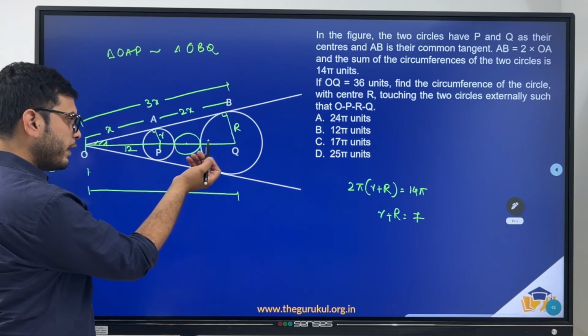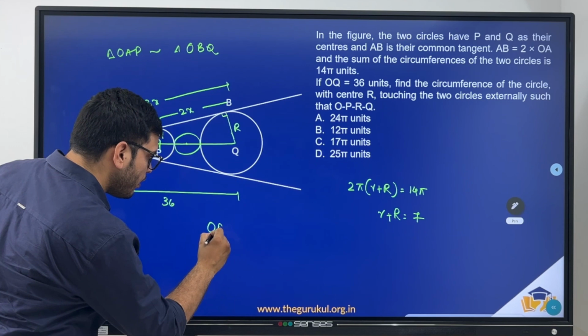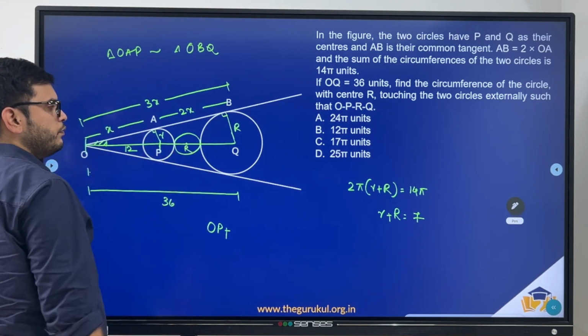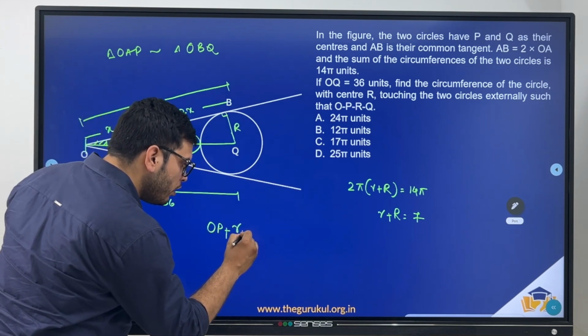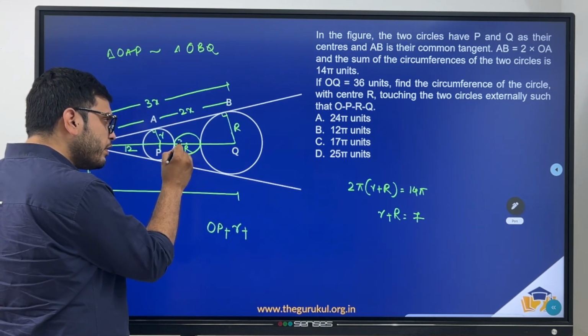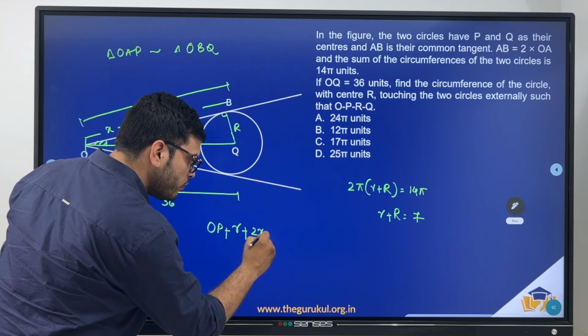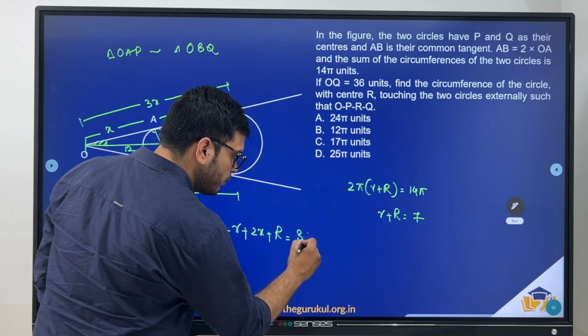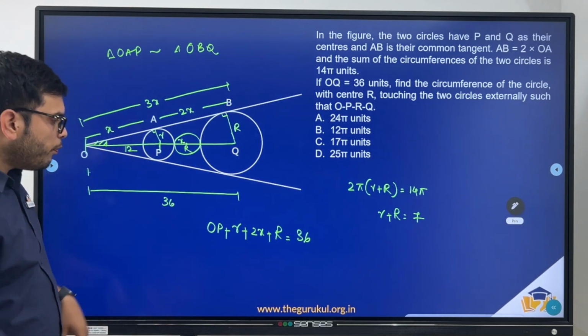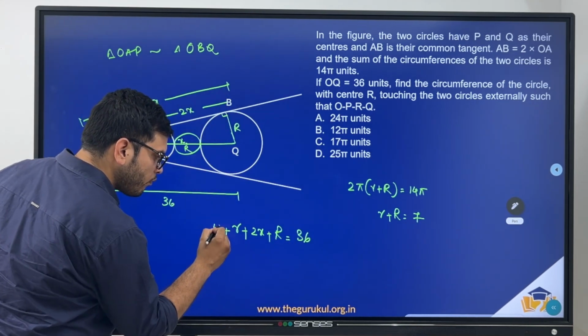I can write OQ as OP plus radius small r plus, let the radius of the circle be x, 2x plus this capital R. This should be equal to 36. Now we know that the length of OP is 12, right?